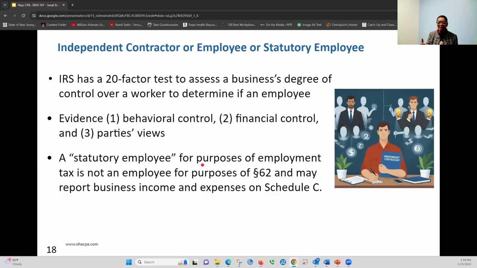They tend to take the standard deduction. But if you are a statutory employee, you are permitted to deduct your expenses and file a Schedule C so that you can get some additional deductions. Usually, employees only file a regular 1040 and take the standard deduction.